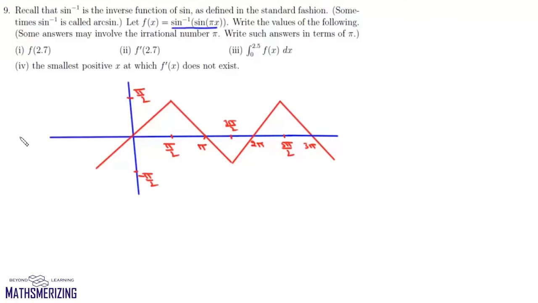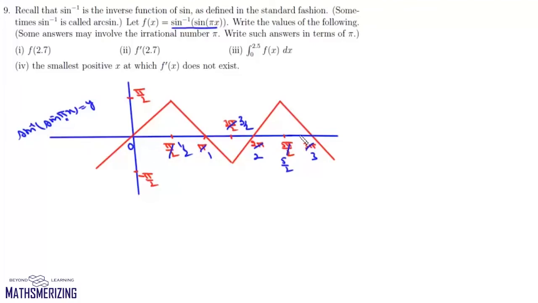If you have to draw the graph of sine inverse of sine pi x, we have already discussed it in transformation of graphs, that all we need to do is we just have to divide everything with pi. So here it will be 1 by 2, this one is 1, this is 3 by 2, this is 2, this is 5 by 2 and this is going to be 3. Now we need to find the value of f 2.7.